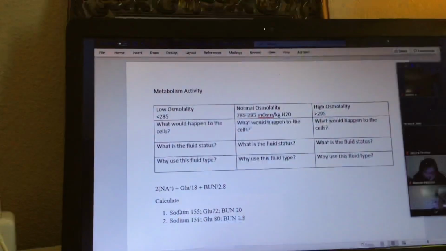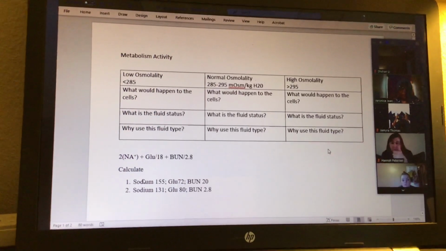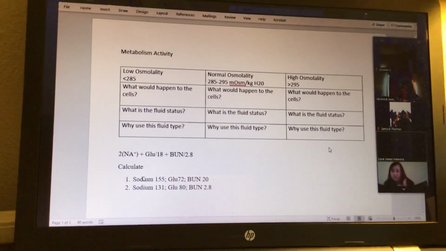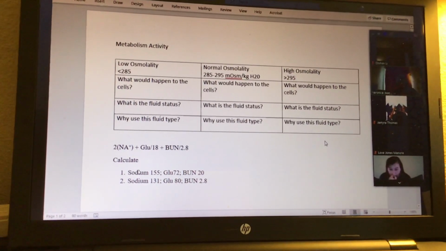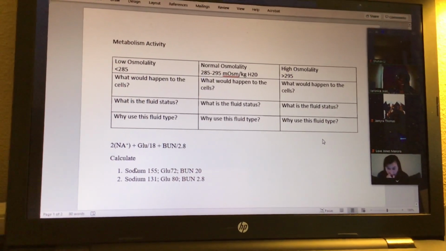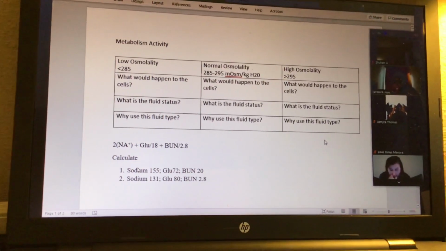Someone can open their mic and answer. Can you all see it? Yes. Can you all see the screen? Thank you. Okay, this was one of the pre-class activities I want to go over with you all.